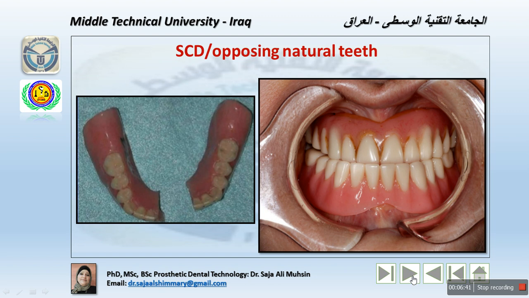Now with the single complete denture, whether maxillary opposing natural or restored, or mandibular opposing natural maxillary, with the single mandibular complete denture opposing natural teeth, the denture supporting tissues for the mandibular complete denture are relatively small when compared to the maxillary supporting tissue.